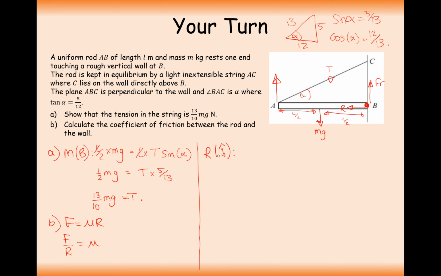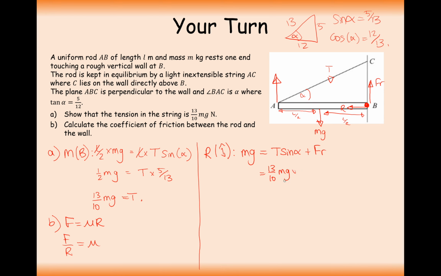So in this case, resolving vertically, we're going to have mg going downwards, and we're going to have T sine alpha going upwards, plus F friction as the force going upwards. Now we know that sine alpha is 5/13, and we know that T is 13/10 mg.